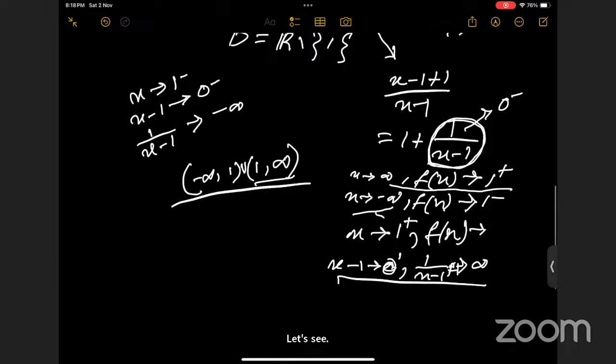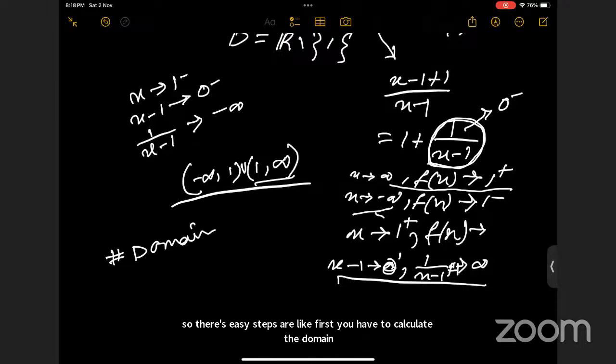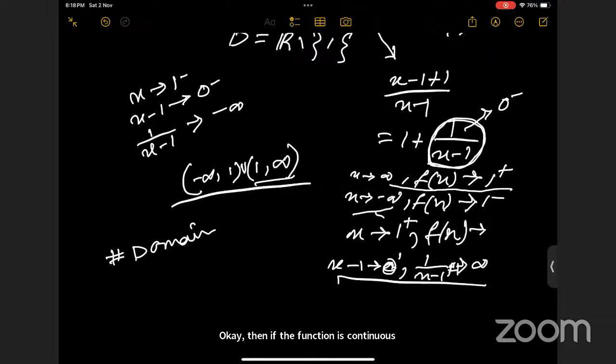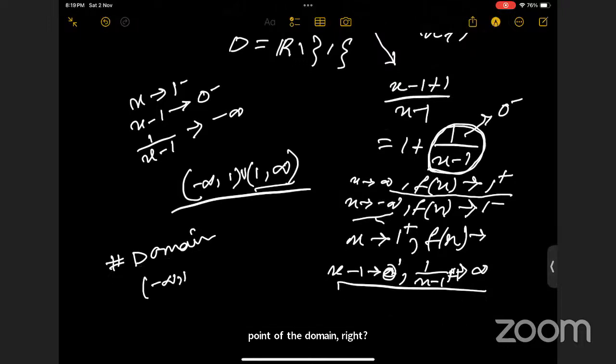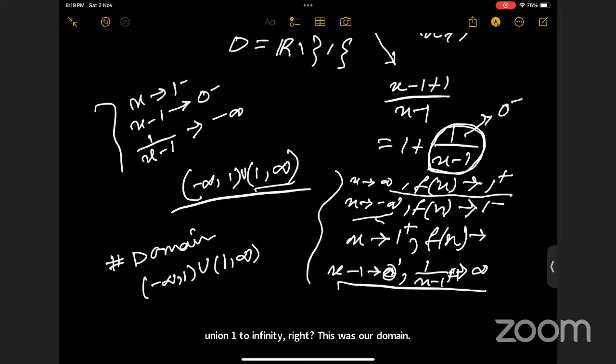So the easy steps are: first, you have to calculate the domain. Then, if the function is continuous, you have to calculate the behavior of the function at the endpoints of the domain. In this example, our domain was minus infinity to 1, union 1 to infinity. So we check the behavior of the function at these 4 points, I mean 1 from the positive side and from the negative side, both sides.